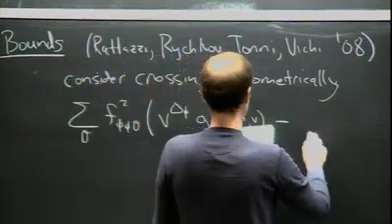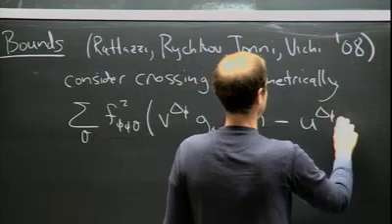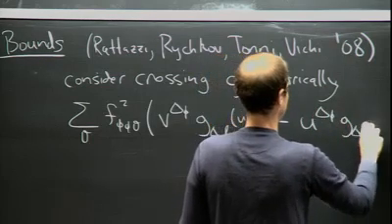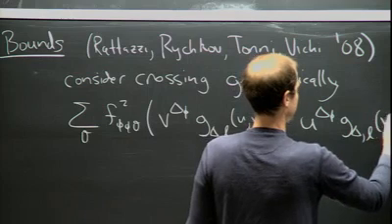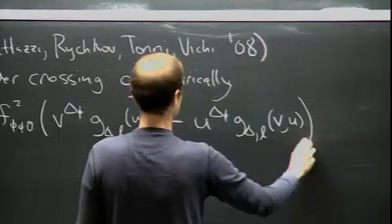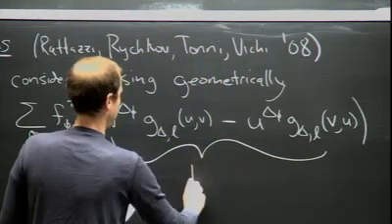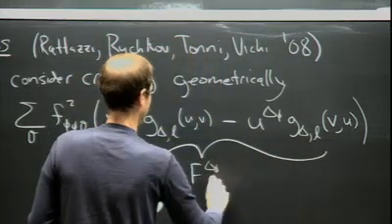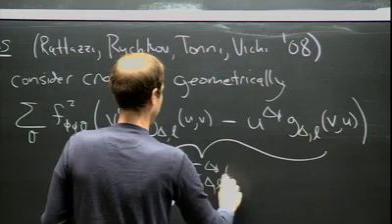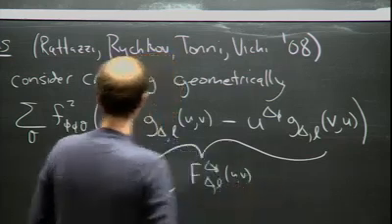And then we subtract the right-hand side, which looks like this. And let's call this quantity f delta phi delta L of u and v.